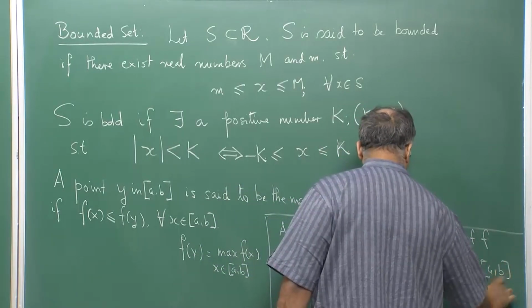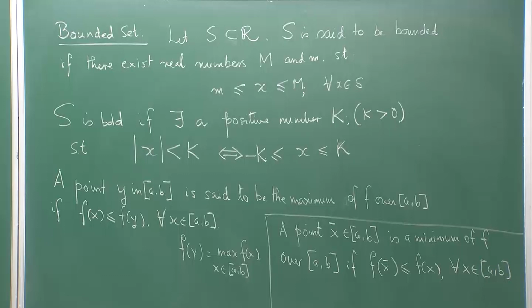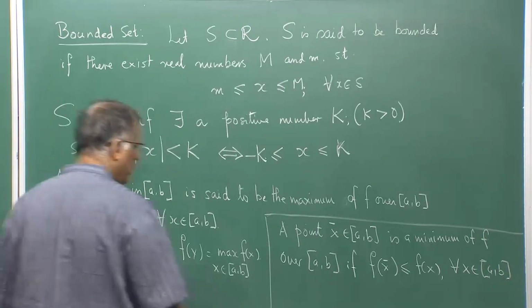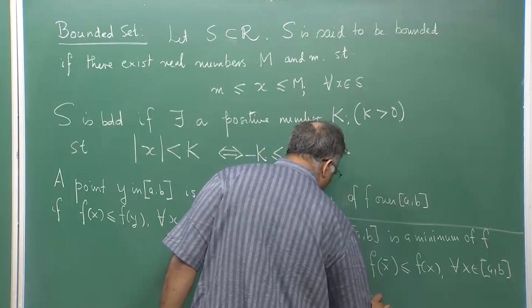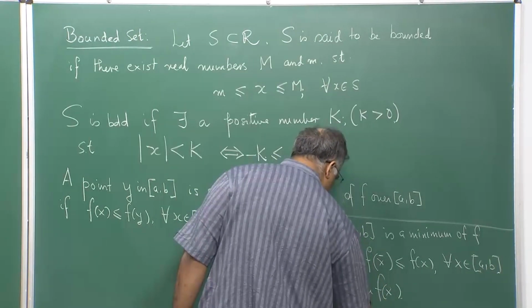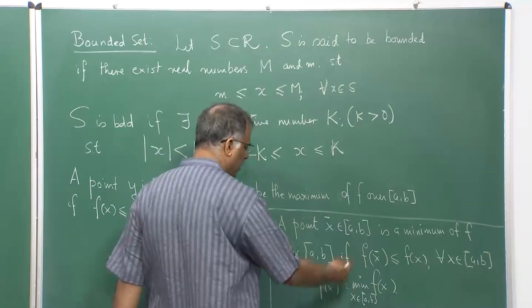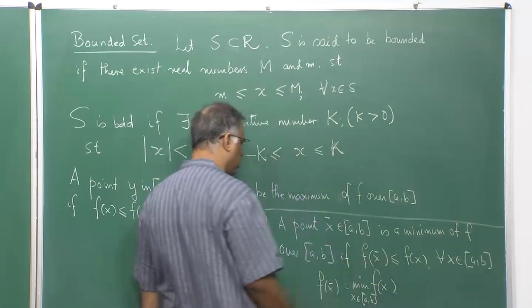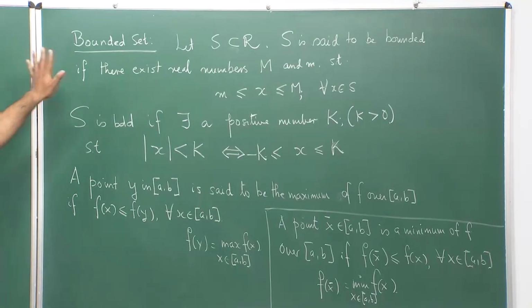So, one is the smallest functional value, one is the largest functional value. These are sometimes also written as f of x bar is the minimum value of f of x, where x ranges over a to b. It might look just like a symbolic thing, but this class of problems is hugely important in optimization and in many practical applications. So, you have this basic idea now written down.